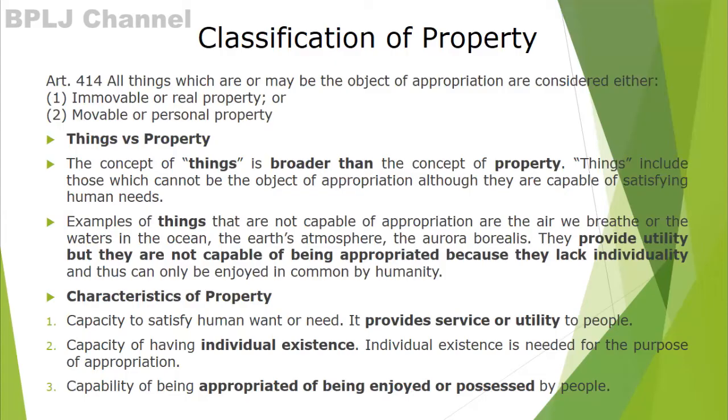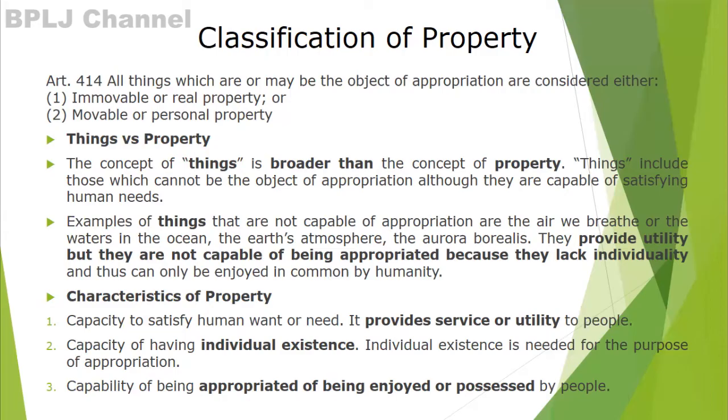So you might ask, what is property? That is primarily the basic question that we should answer in dealing with properties. But the Civil Code did not define what is property. Several commentators have distinguished between things as opposed to property.